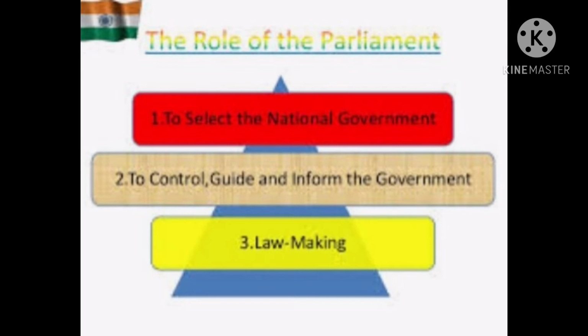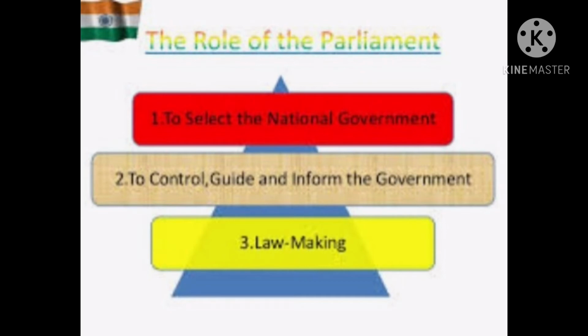See children, for example, in the 2019 general election, BJP won nearly 303 seats, and with its alliance, 353 seats. But 353 MPs can't work as ministers.